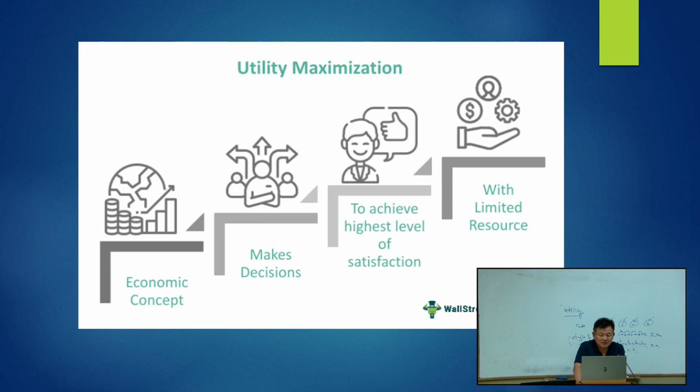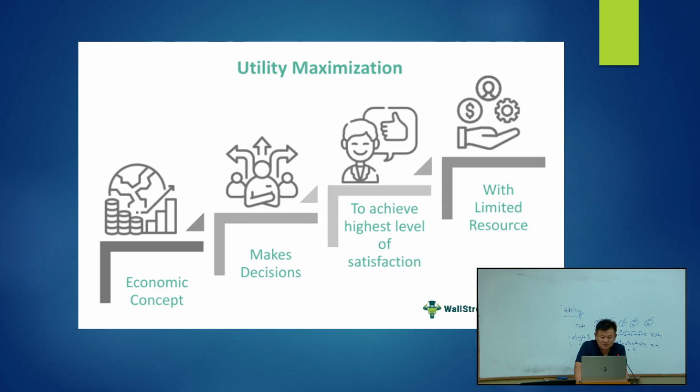First, they think about it; the picture says economic concepts. Do I need it or not, right now or later? And then the next step is making the decision, and then getting the goods and services.